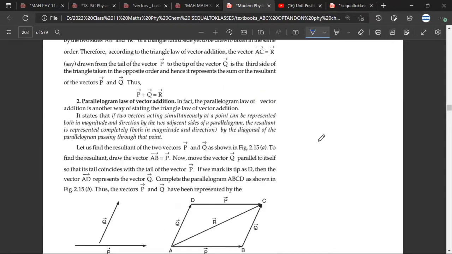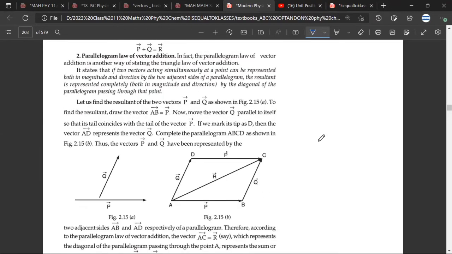Then there is another way, which is almost the same as the triangle law. They are almost cousins. The second is the parallelogram law. If this is the first vector and this is the second vector, you make a parallelogram out of this, and the diagonal of the parallelogram is the resultant of the two vectors. Are we clear?